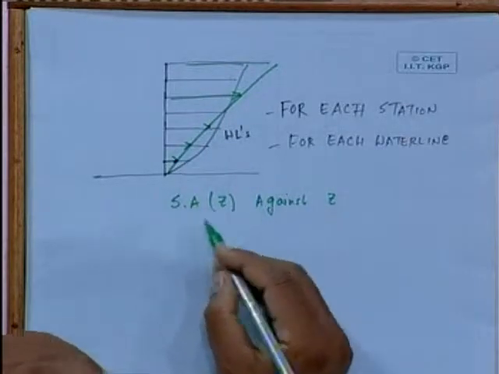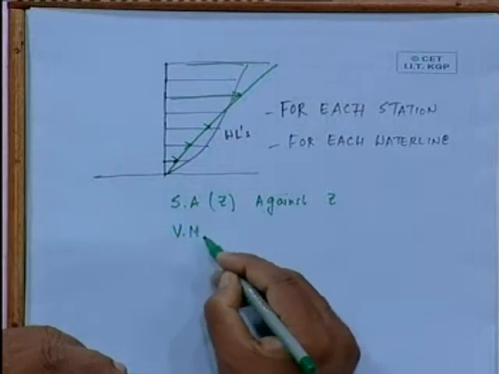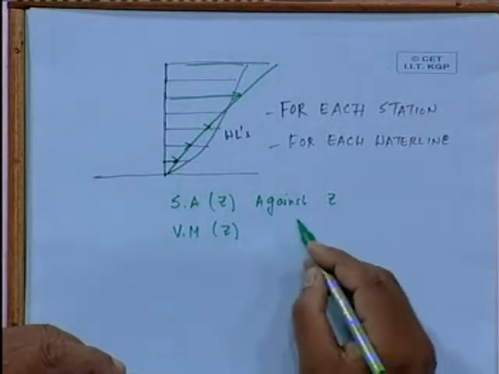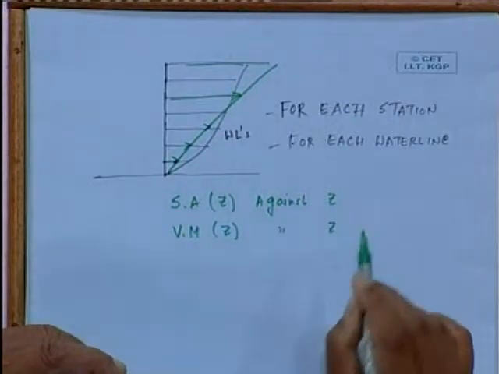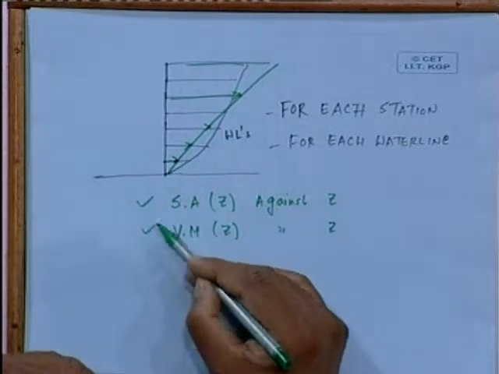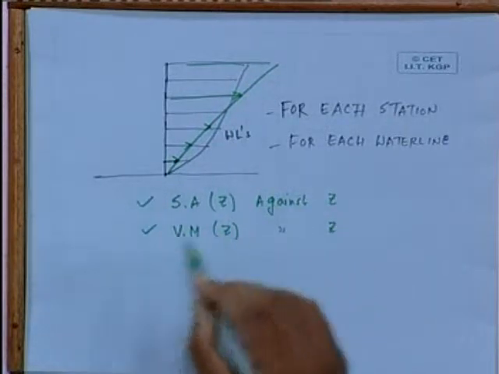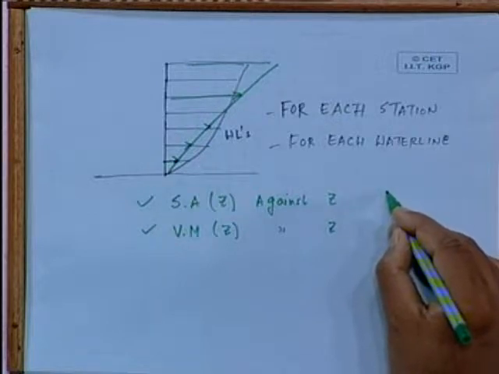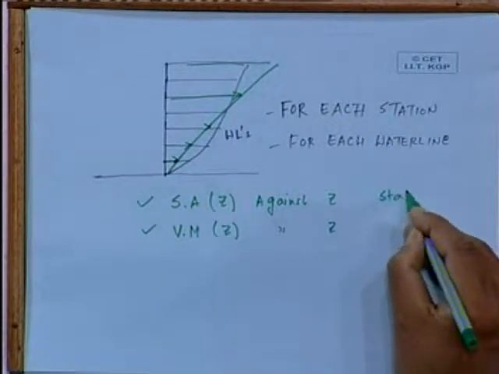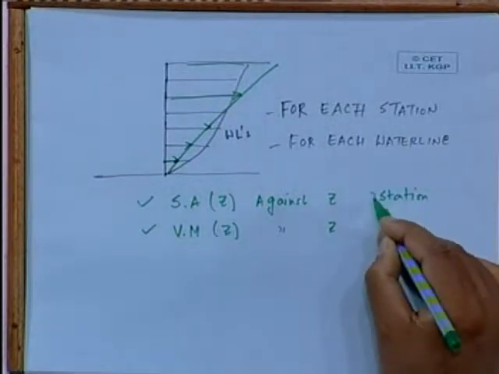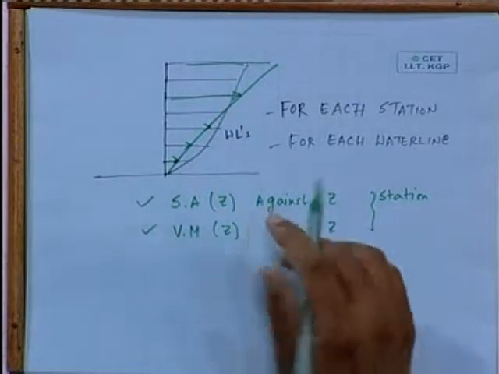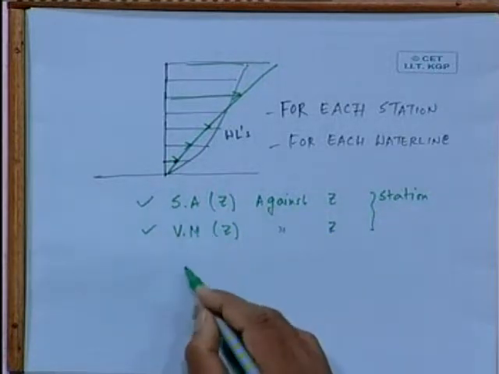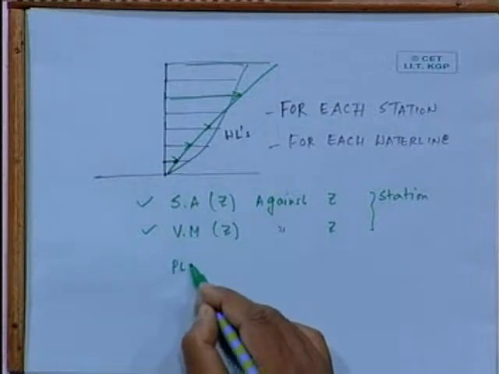Also I have got the vertical moment of the section area against each z. These two, I do the calculation for a given station. So I must do this for all the stations. Okay. When I do that, the plot of this is what is called Buoyancy.